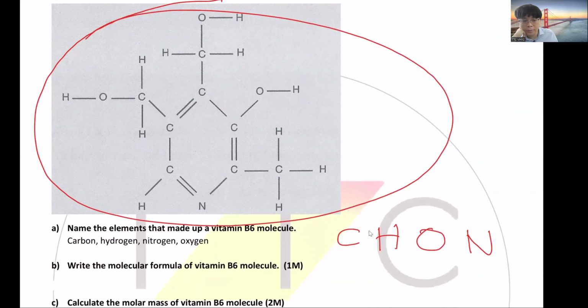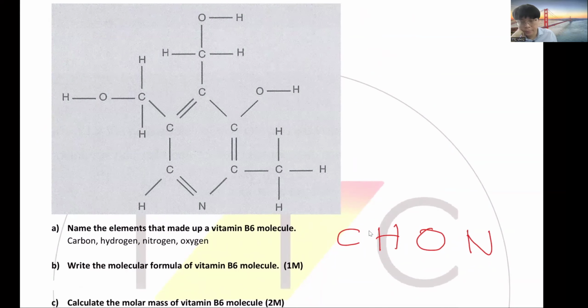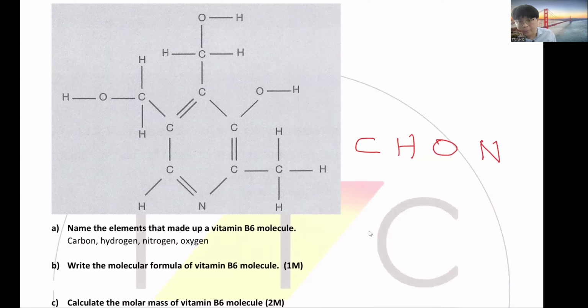So you calculate. You get answer already? What is your answer? This time, the third question is for you to try it. You have to calculate how many C, how many H, how many O, how many N. This is the third question, so I let you try. You practice.